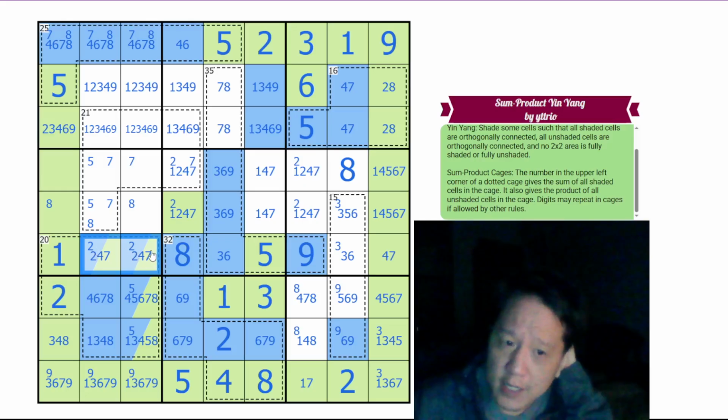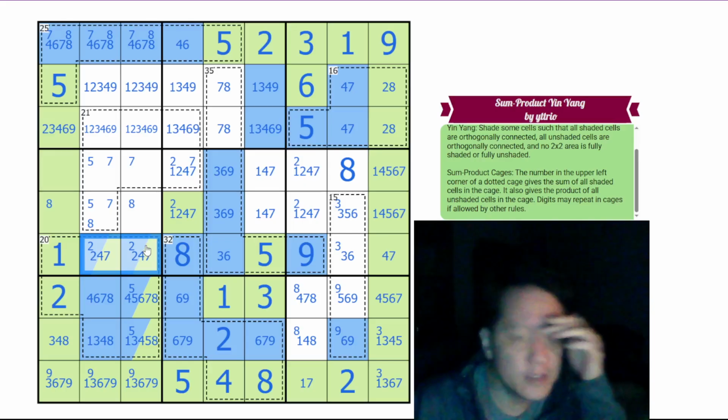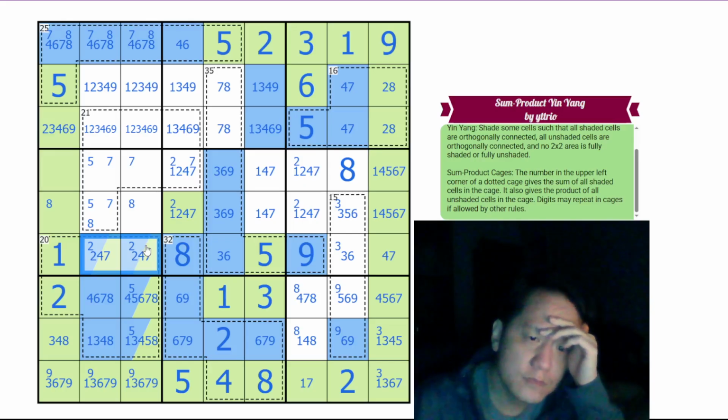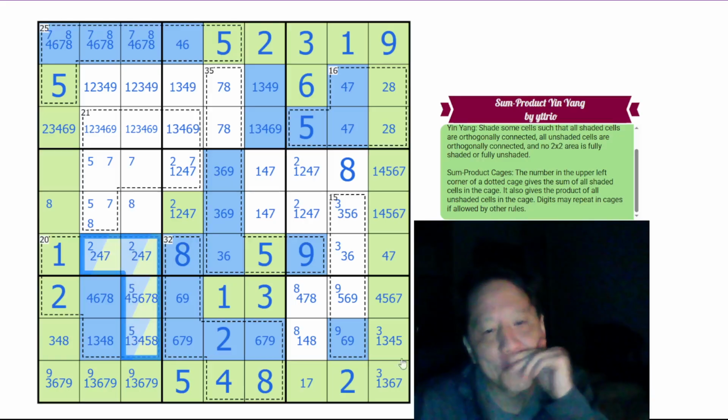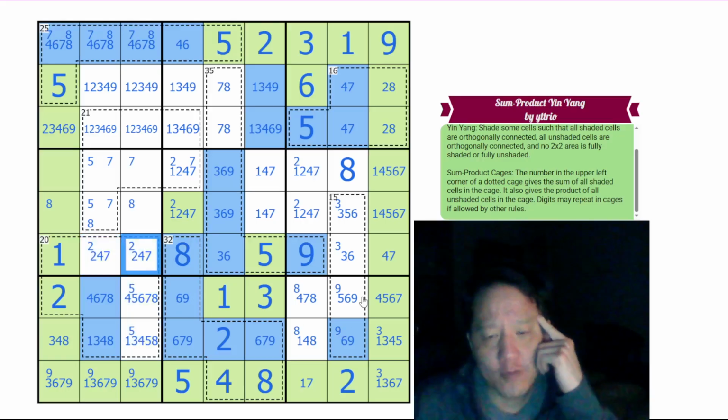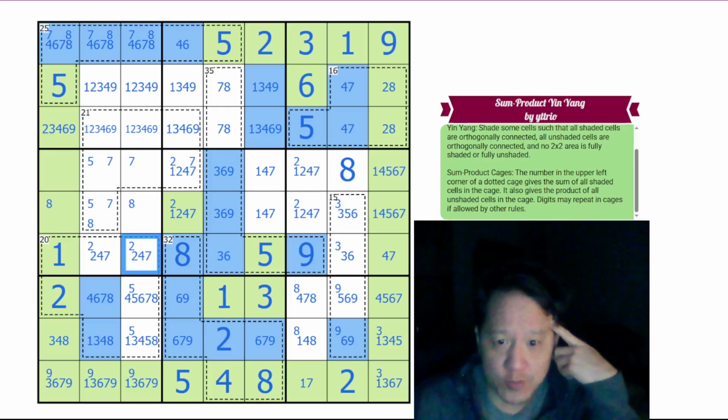What you cannot have, though, is... So whichever one is here, say if this was blue, that would force this to be green, and then this would have to be blue, and that would be green. That could work.